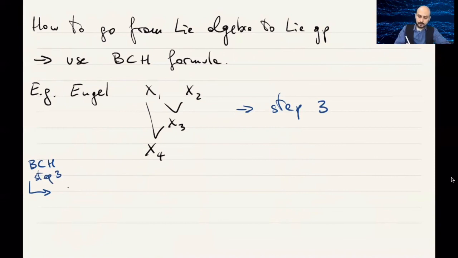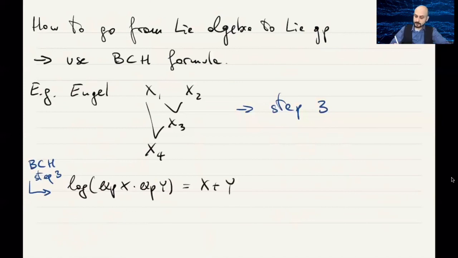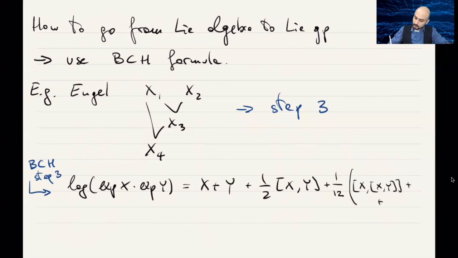Log of x times y is the sum, then you have 1/2 of the bracket, and then I know the formula and I'll tell you the result. You can go back and try to do it yourself. Then 1/12 of, first you perform the bracket x, y, and then you have y, x.